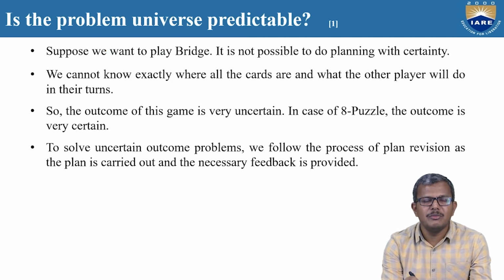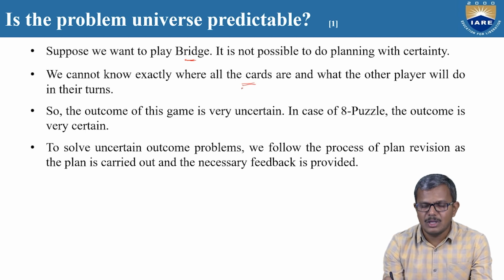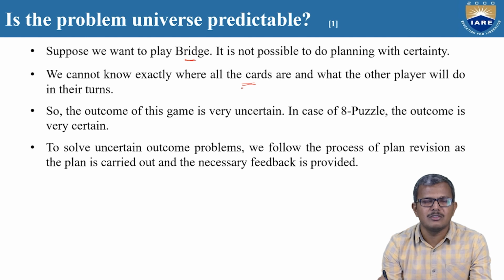For example, let's take one more example, that is playing bridge. In this particular case it is completely unpredictable. This is a card playing game, so we cannot know where our desired cards are, and also our solving of this problem, or playing of these cards, completely depends upon the other player. So what does it mean?